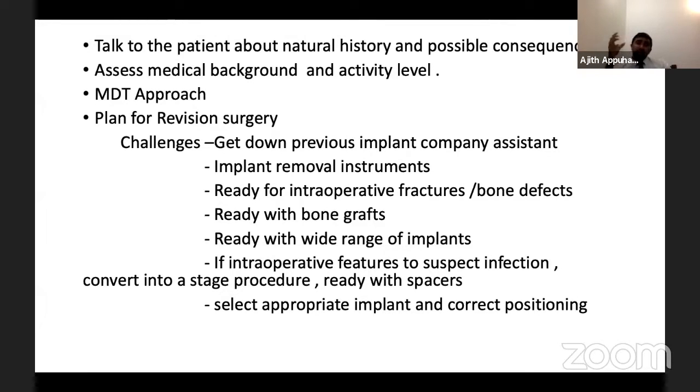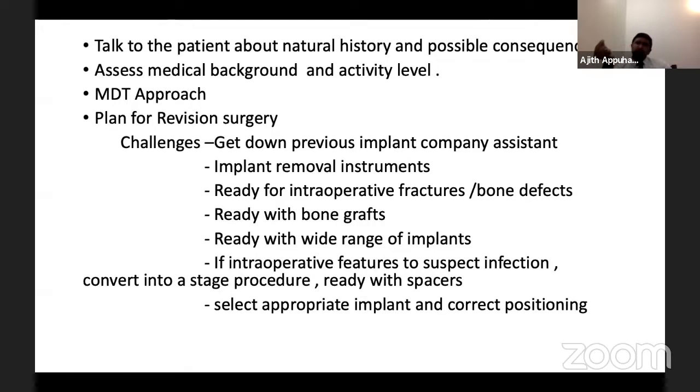Then it should be a multidisciplinary approach. That is a term you should use wherever possible in your exam. And you can get the opinion of senior colleagues and the revision surgeon. You have already discussed a wide range.